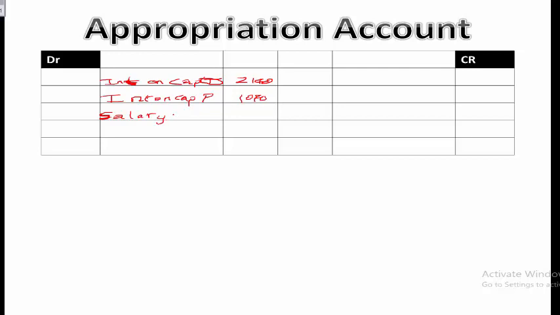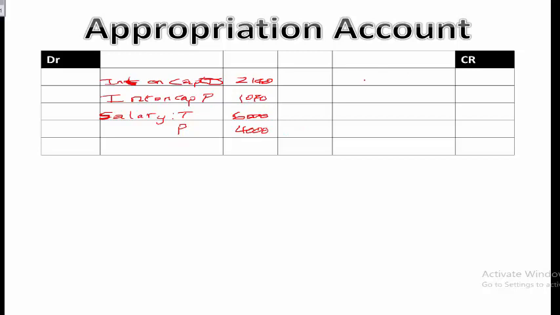So now we'll look at also another amount that goes in, which is the salary. So the salary for T-Toy is 6,000, if my memory serves me well, and for P it will be 4,000. Okay, so we have the amounts, right? So those are the amounts.